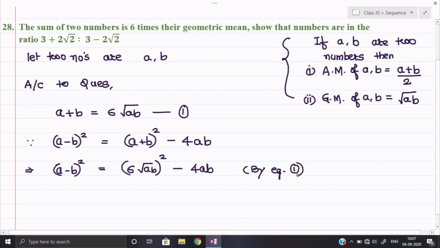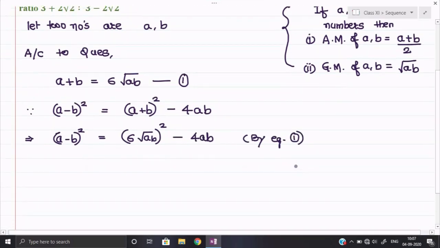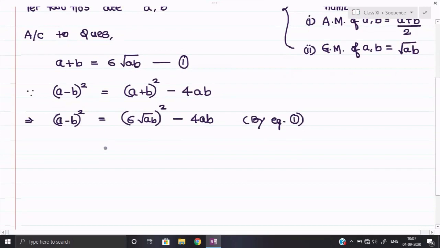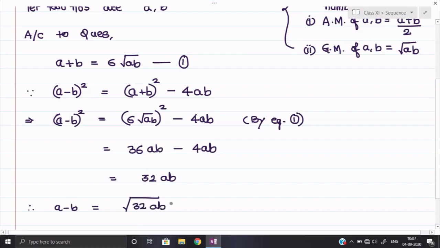Now if I simplify the right hand side, the square of 6 is 36, and root of ab squared remains ab, minus 4ab as it is. 36 minus 4 becomes 32ab. Therefore the value of a minus b will be equal to under root of 32ab, because the square goes to the other side and the square root symbol comes.